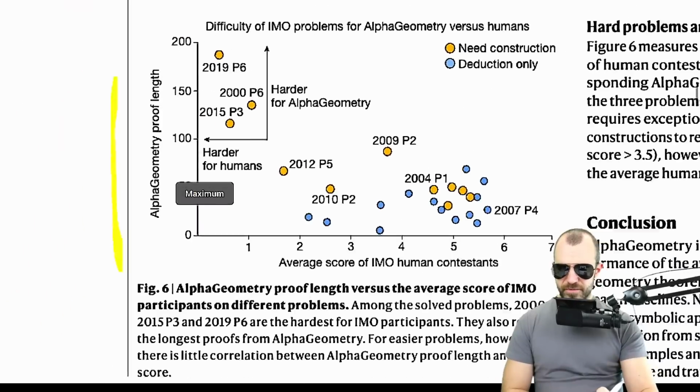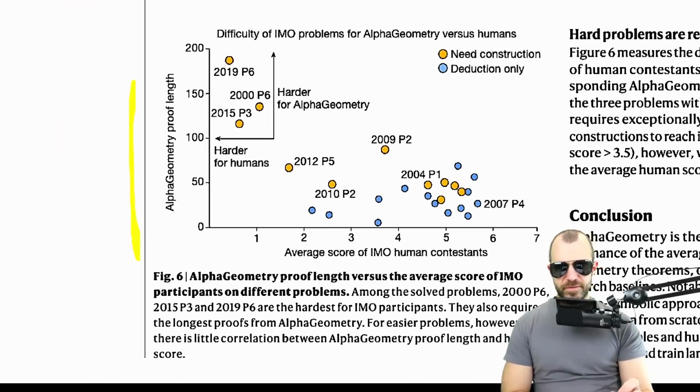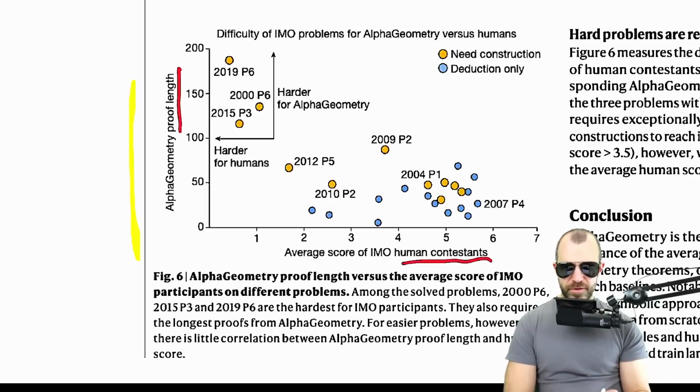Briefly going over the rest of the paper right here. I hope you get what they did now and how they did it, but there are some interesting other bits in this paper. For example, the proof length for hard problems, at least, seems to correlate with the average score of human contestants.